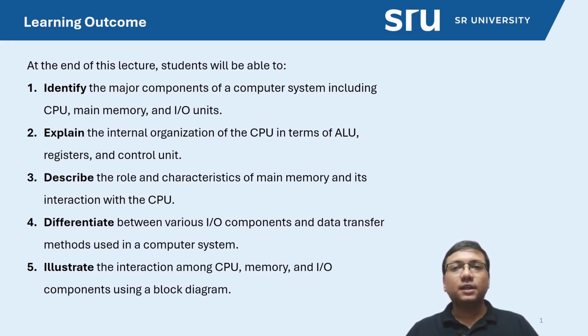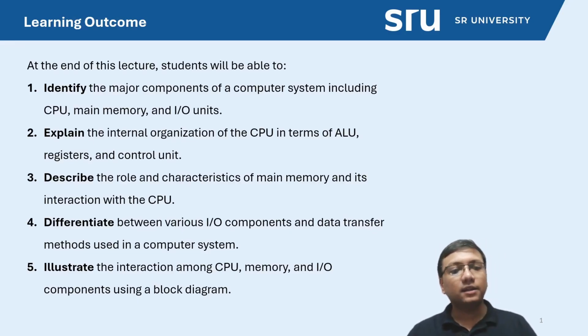So after this lecture, you will be able to learn about the main components of a computer system, including CPU, main memory and IO units. You will also be able to explain the internal organization of CPU in terms of ALU, registers and control unit.